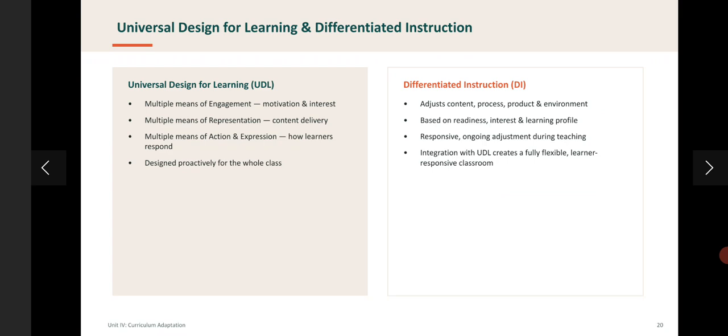It can be helpful for all the kids, including kids with learning and attention issues. It takes careful planning by the teachers. It provides the opportunity for all students to access.